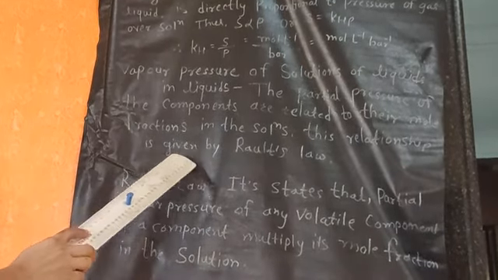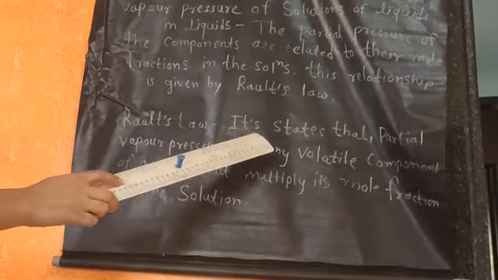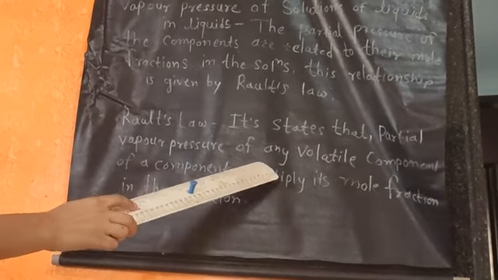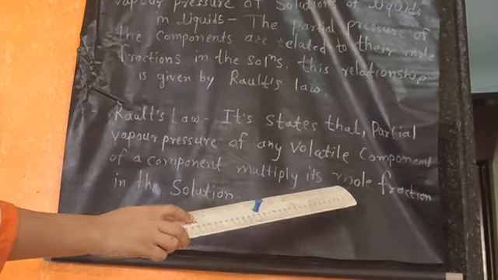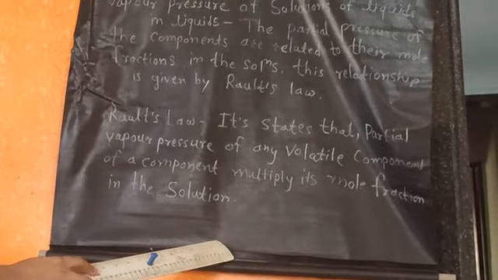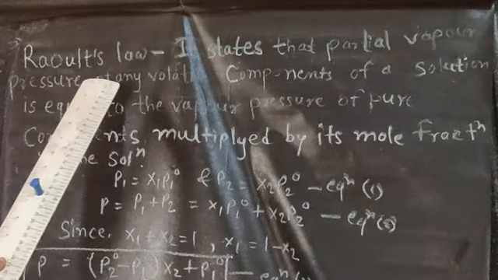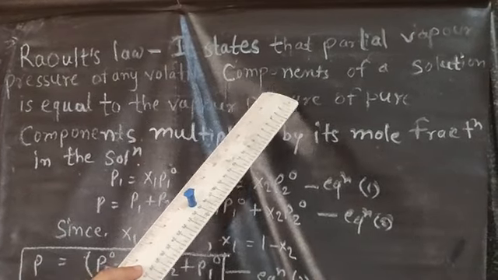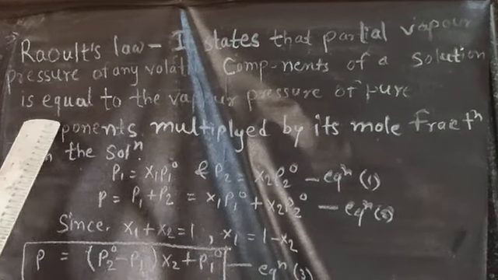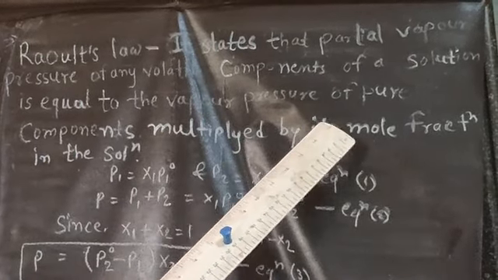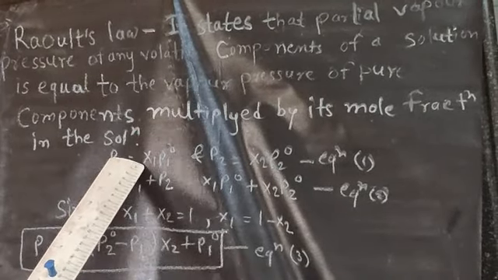This relationship is given by Raoult's law. Raoult's law states that the partial vapor pressure of any volatile component of a solution is equal to the vapor pressure of the pure component multiplied by its mole fraction in the solution.